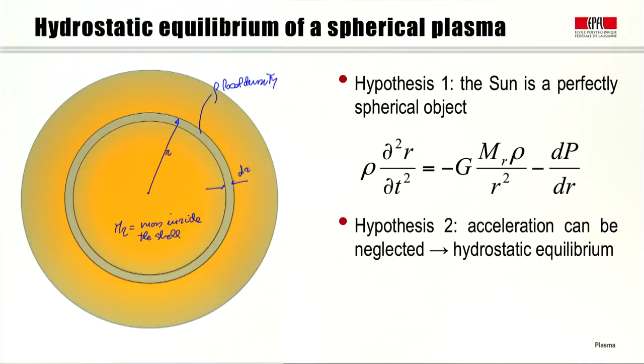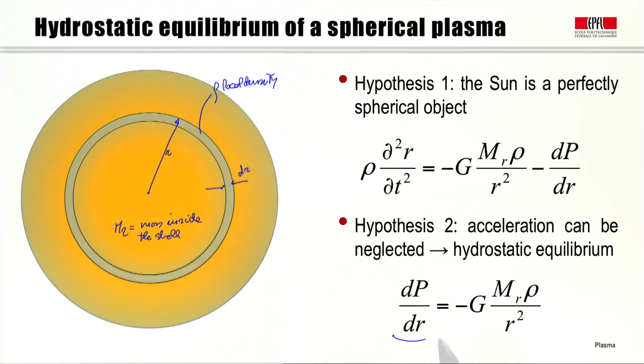Let's now make the second hypothesis by assuming that the acceleration can be neglected, since the Sun has been in equilibrium for a very long time, and therefore we assume a hydrostatic equilibrium by dropping the first term in this equation.